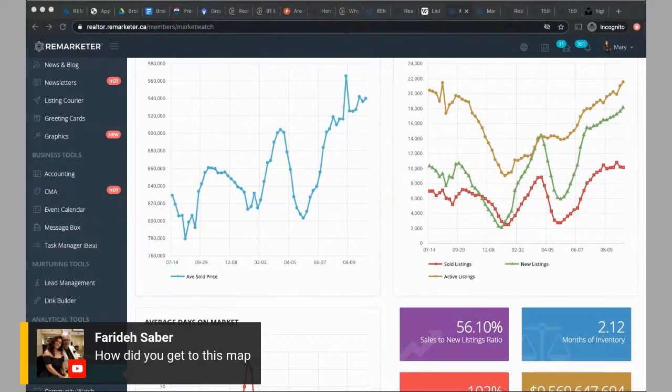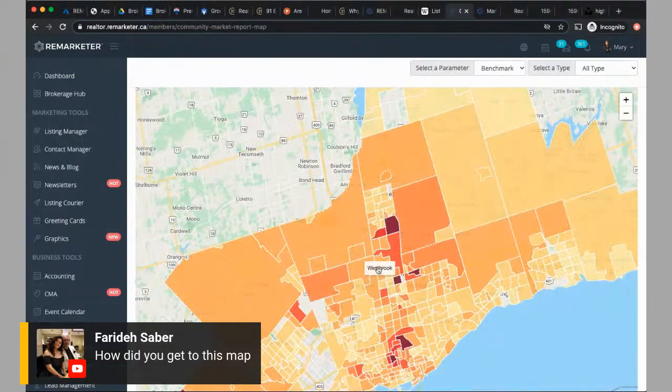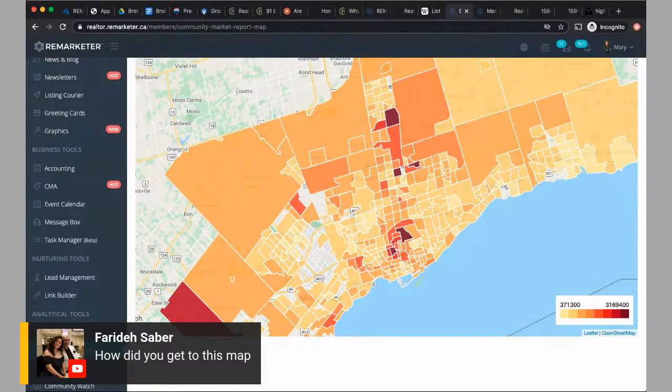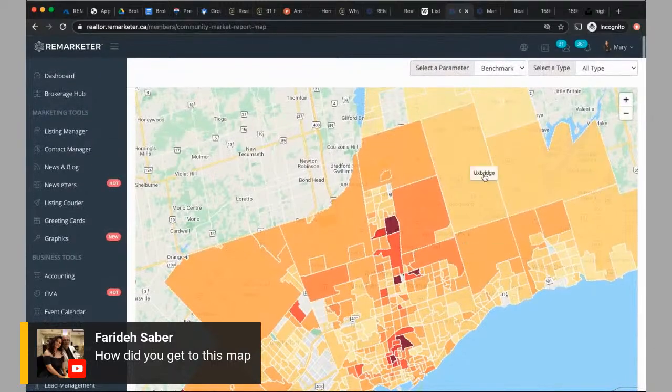Faride, you were asking how we got to the map. I'm assuming you are looking for this map right here, if I'm not mistaken. So that's under community report. The heat map is right here under community report. You could go ahead and play with the indicators here as well.